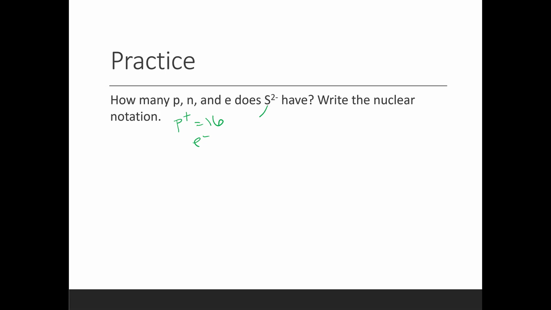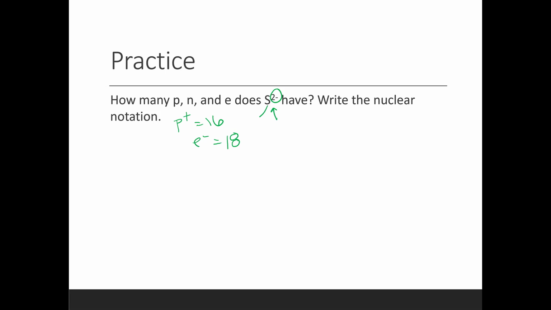No longer do we have the same number of protons and electrons. It's a little bit of a question mark. That's where this 2- comes into play. So we know that we have gained 2 electrons because we became more negative. So we have 2 extra electrons, so we must have 18 electrons.